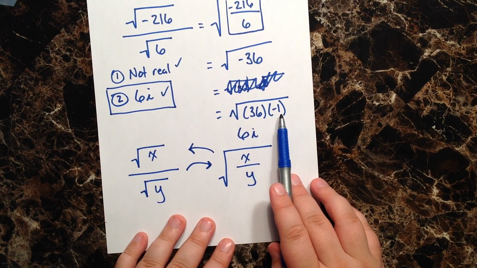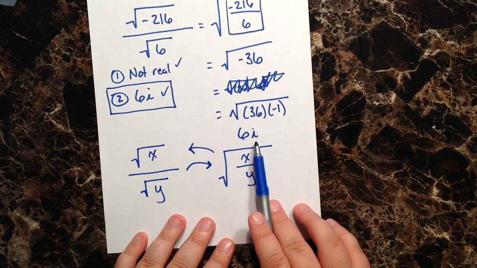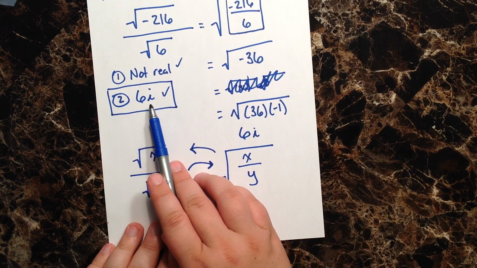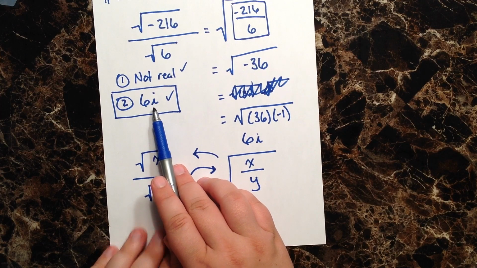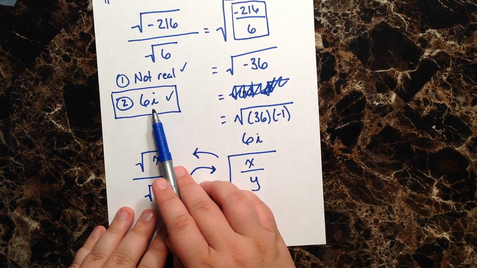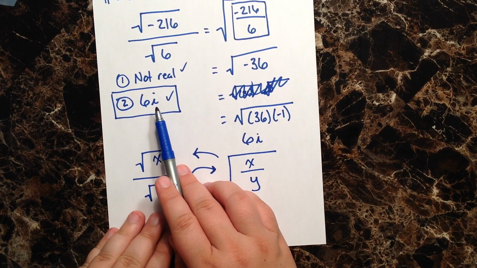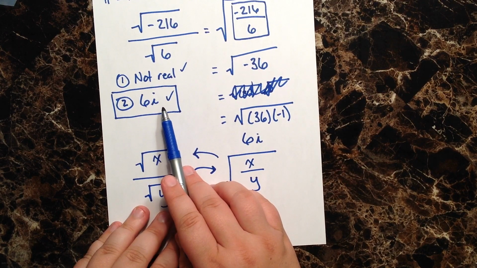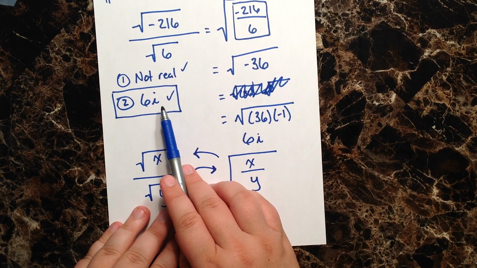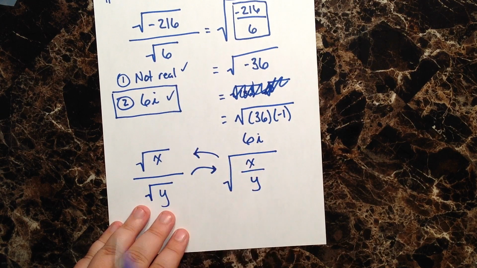And of course, radical negative 1 comes out as i. So our answer was 6i. Again, this is a multiple choice final exam, or at least 20 of the 30 questions are, and so you would want to look for either not real or 6i.